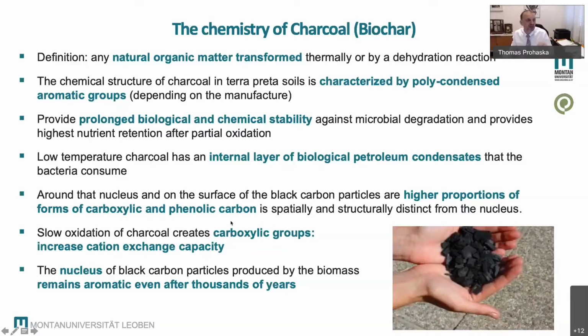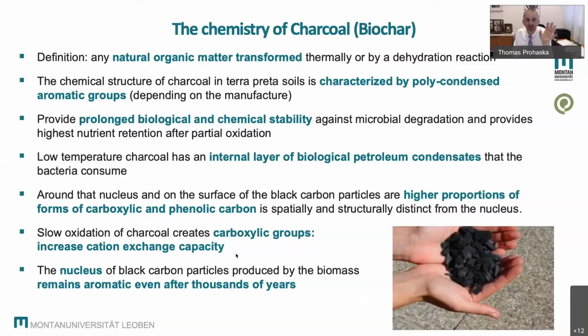And these have a greatly increased cation exchange capacity. This becomes very interesting for soils, of course. And this nucleus, which consists of aromatic compounds, remains unchanged even after thousands of years. This makes these materials so interesting, in combination with the porosity of the material.